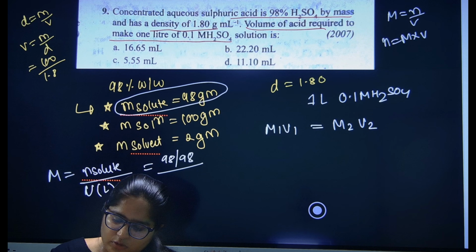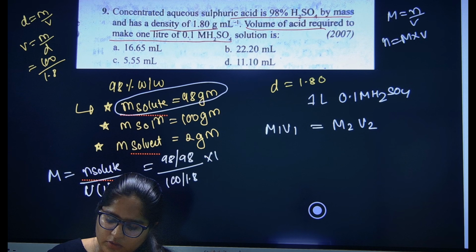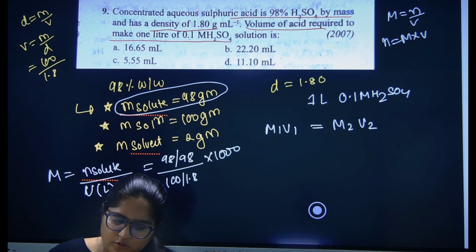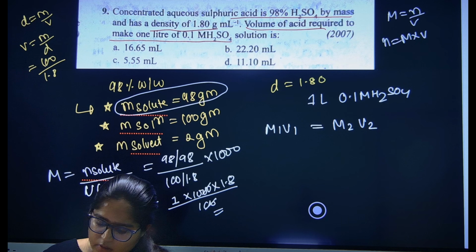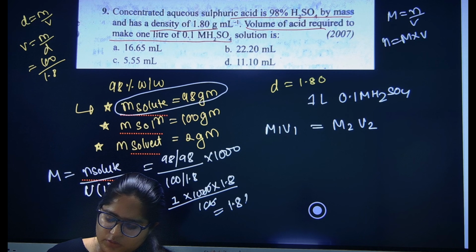So now I am writing here 100 by 1.8 into 1000. After calculating, 98 by 98 becomes 1, into 1000 into 1.8 divided by 100. Now the zeros cancel, so it becomes 1.8 into 10. So we get 18 without any doubt.